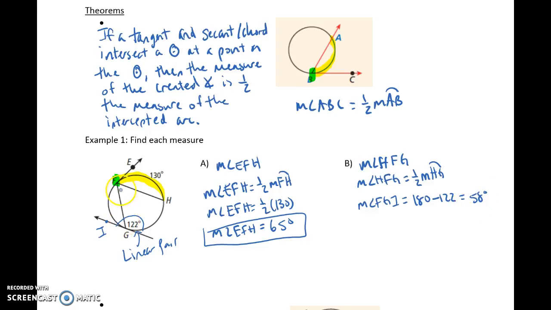And then remember, the angle at G has a vertex on the circle, so that means it's 1/2 of the intercepted arc, FG. So if I double 58, I know that the arc from F to G is 116 degrees.